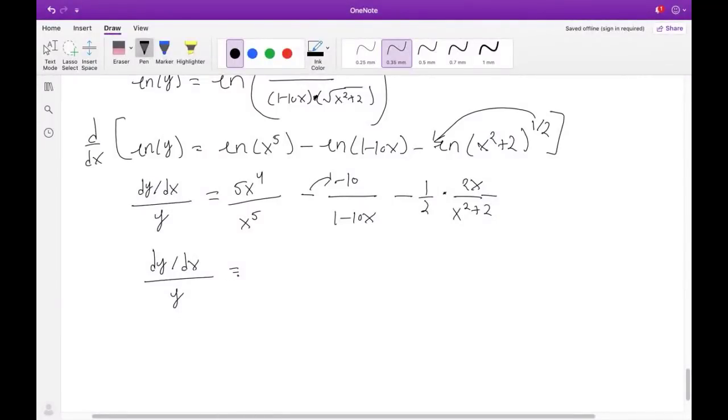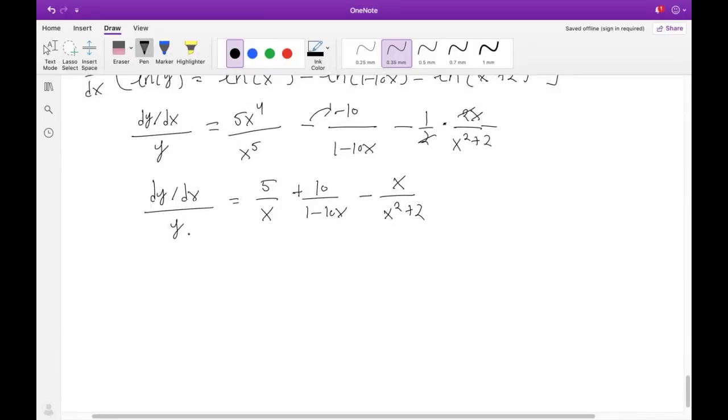I can go ahead and simplify this to 5 over x plus 10 over 1 minus 10x, minus, cancel these twos out, so x over x squared plus 2. And then from this step, you just need dy over dx. So we can multiply by y over.